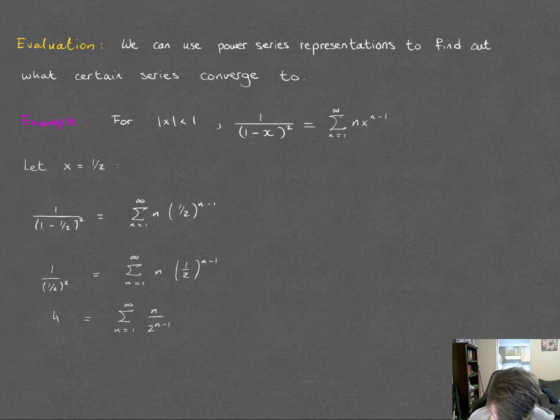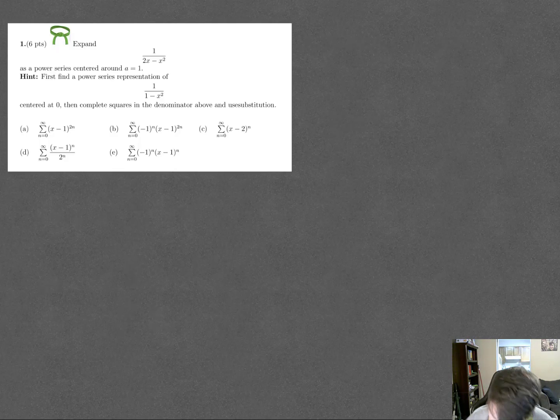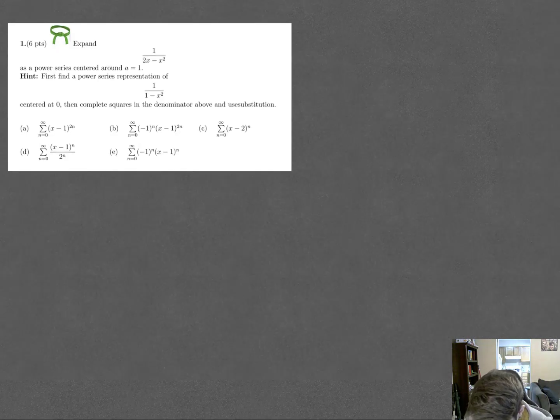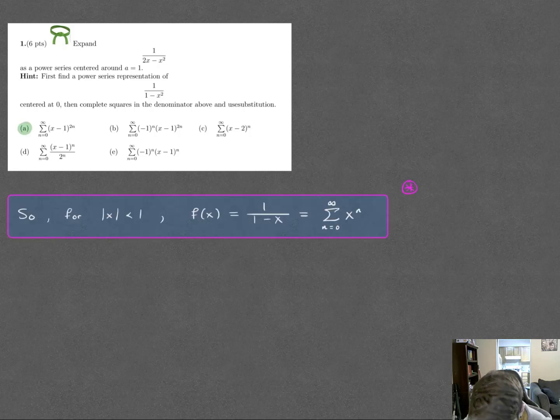Right, so let's dive into some examples of this using differentiation and integration to find power series representations of functions. So, question 1. I have 1 over 2x minus x squared, and I want to use this blue box formula, because that's what the hint says. Remember, if you want to apply the blue box, you're going to try and write the function as 1 over 1 minus something.